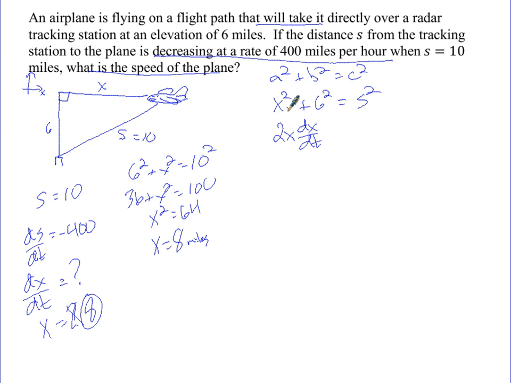So if I take the derivative of x squared, I have to use implicit differentiation. The 2 comes down, so I have 2x, but then I have to tack on the dx over dt. Plus, what? That's gone, yeah. So equals 2s ds over dt. Remember, we're taking the derivative with respect to t. Okay, now what?